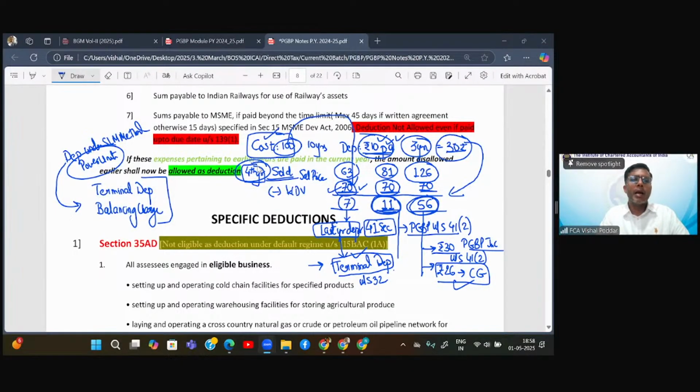Because had it been a capital profit or loss, you cannot show it in P&L. P&L always shows only revenue incomes and revenue losses. But when you put the profit or loss in P&L, it means you are treating it as revenue only, same as what we are doing in income tax. We are showing the loss as revenue expense. We are showing the income as revenue income only.